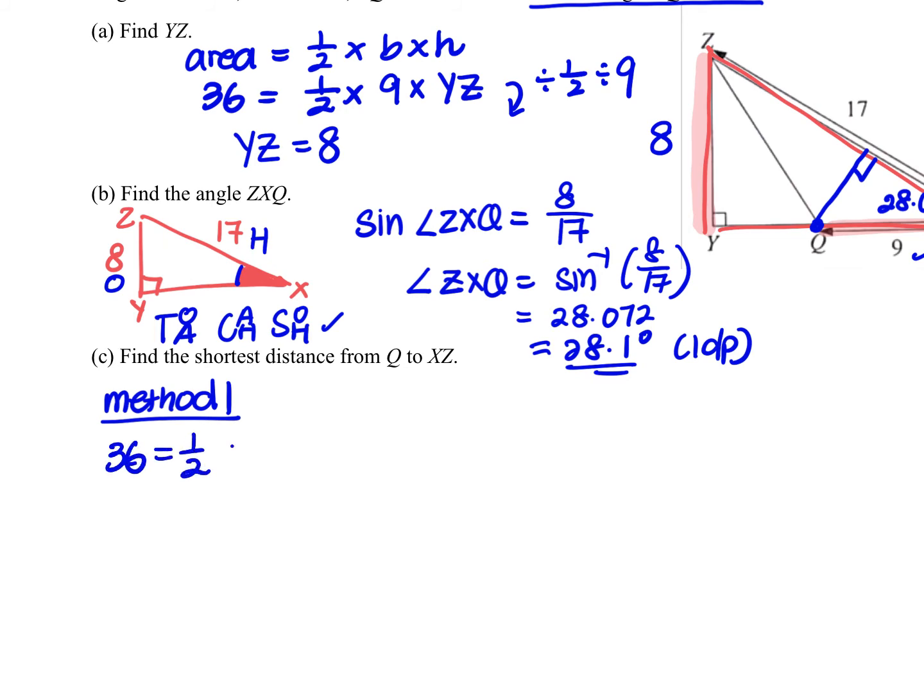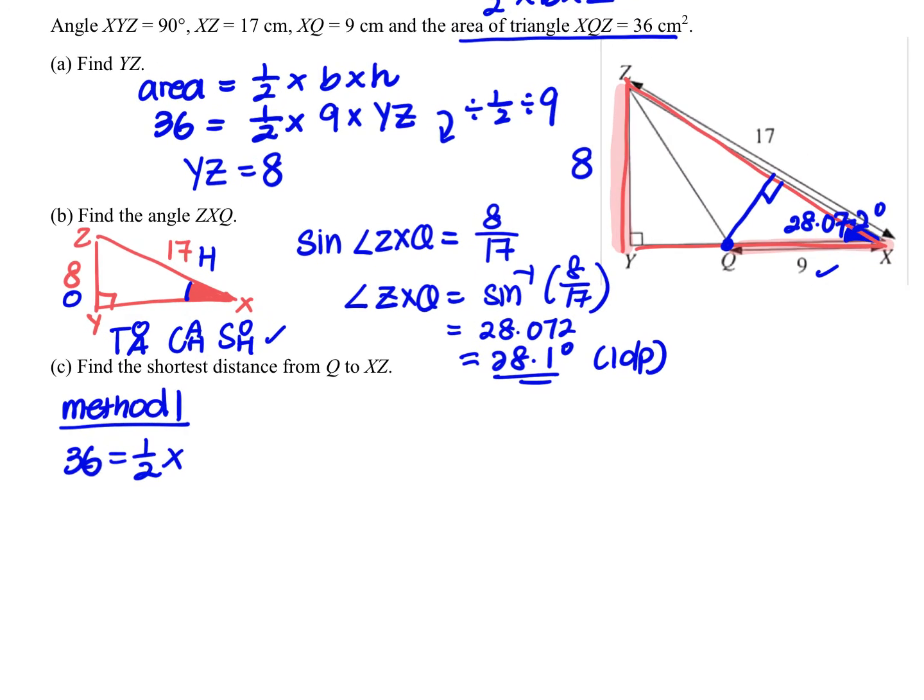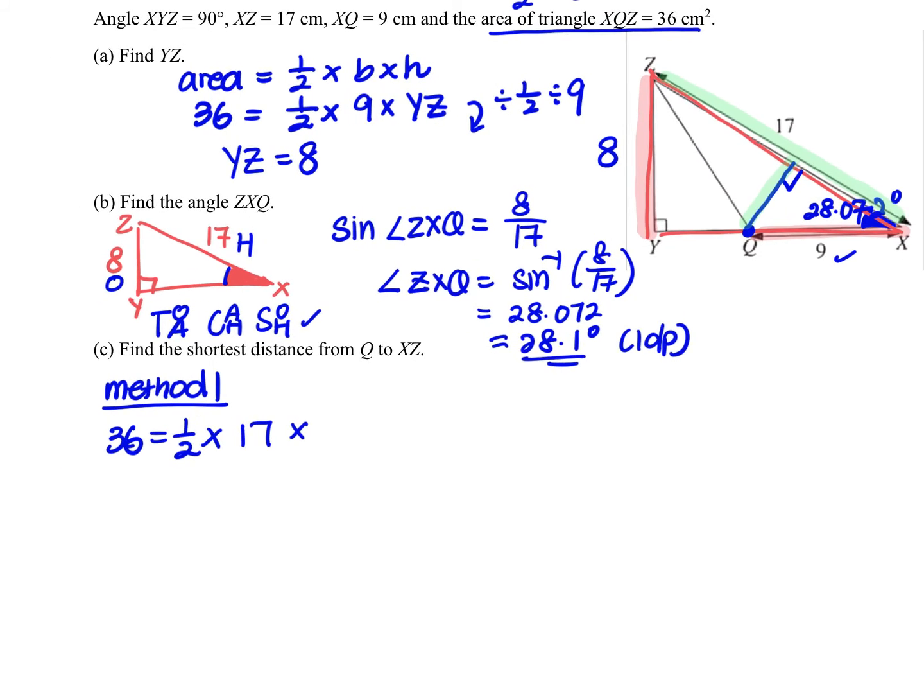Half times our new base, which will now be this one with this perpendicular height, the shortest distance. So my new base will be 17. The shortest distance, the height here, I'll let H be the shortest distance.